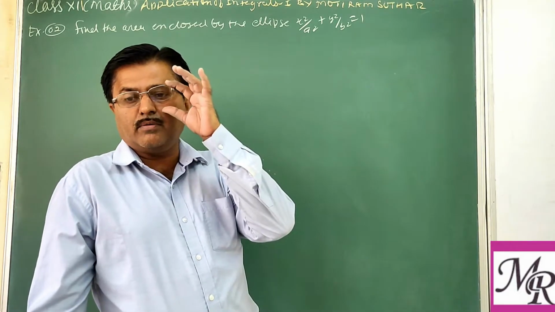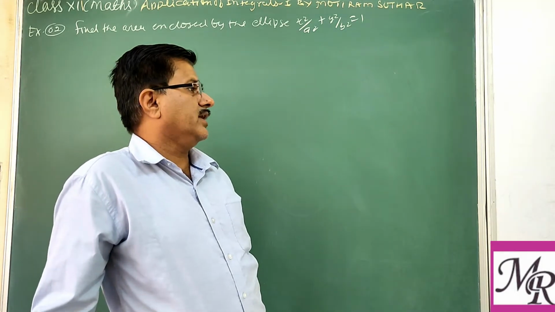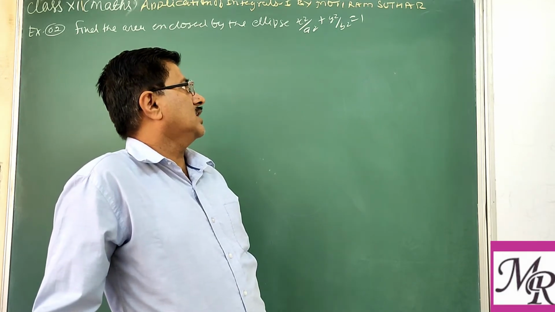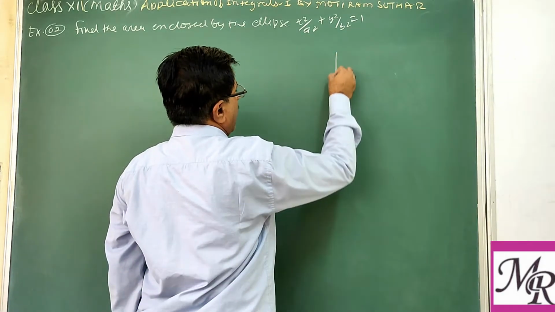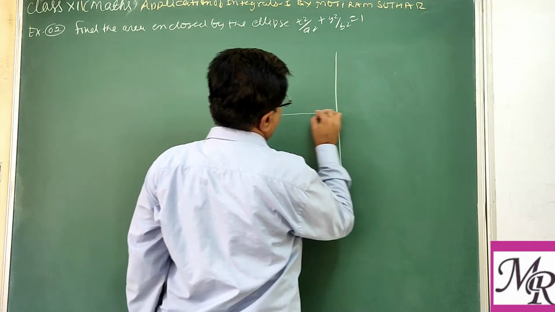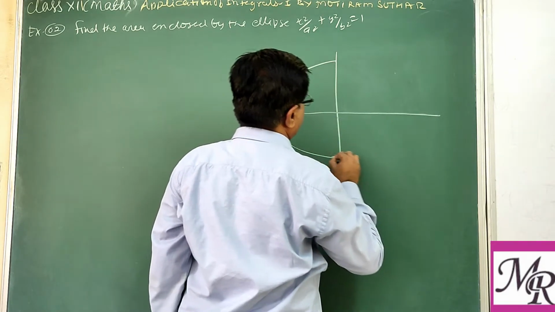There are two types of ellipse we have already seen. So the major axis will be along the x-axis and the minor along the y-axis, and the length of the major axis is 2a. Clear?